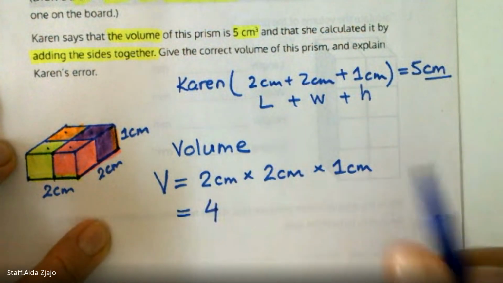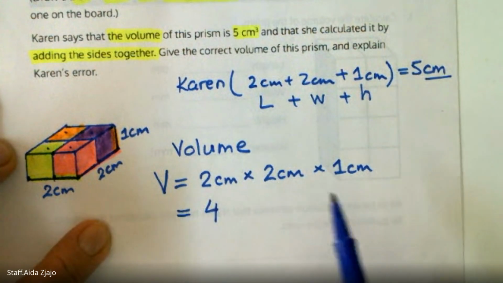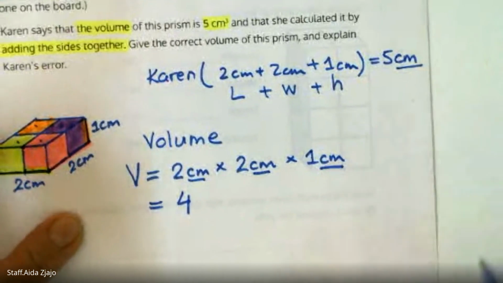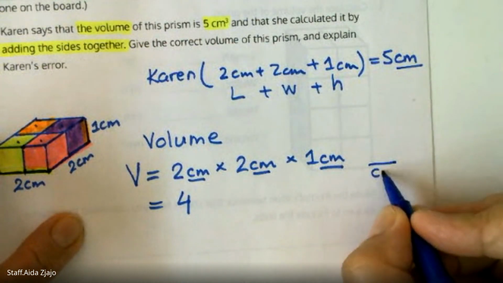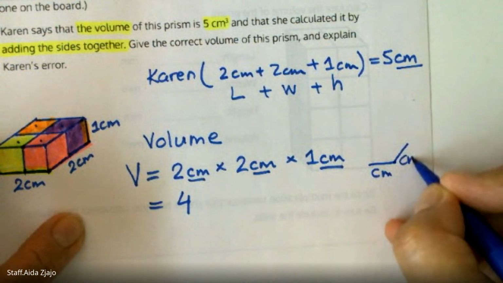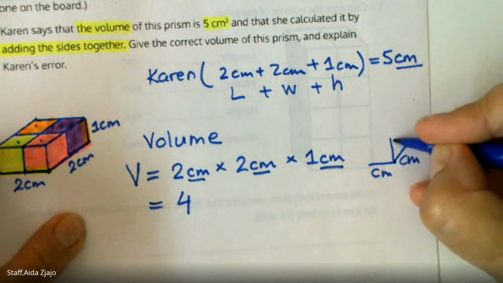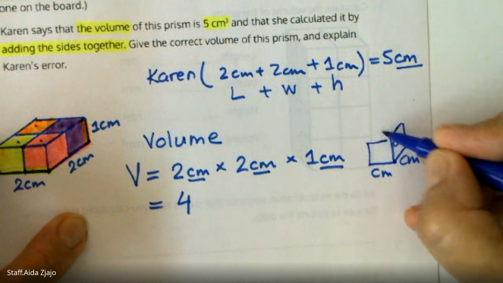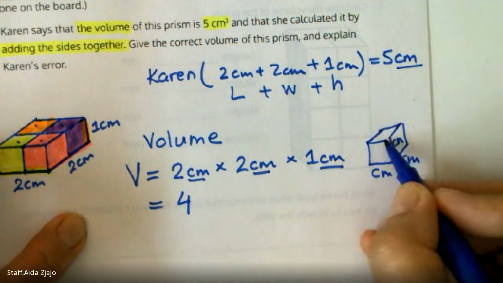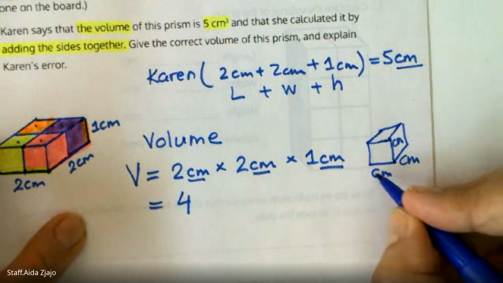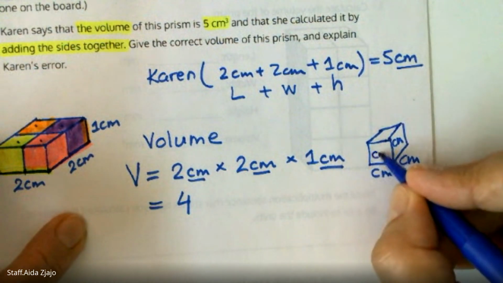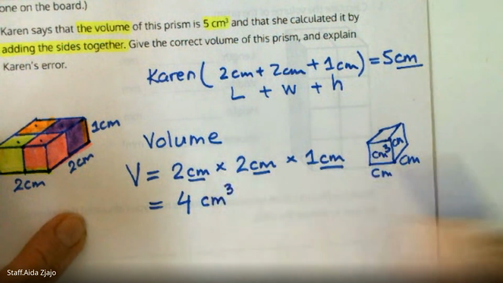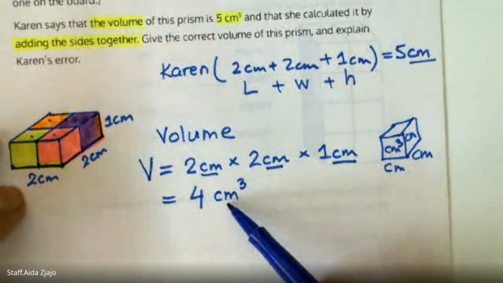So you got yourself 4, but it is centimeters times centimeters times centimeters. You are calculating cubes, and that is volume. Volume is 3D. So this is centimeters to the power of 3. Centimeters to the power of 3 we read as cubic centimeters.